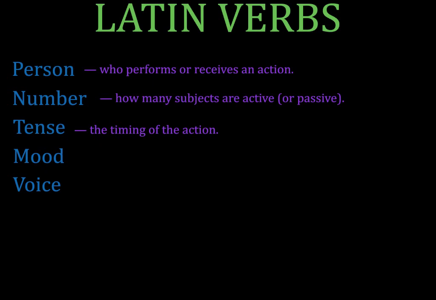Furthermore, verbs possess one of 3 moods: the indicative, the imperative, or the subjunctive. When a verb is in the indicative mood, it plainly communicates the fact that the verb occurred.